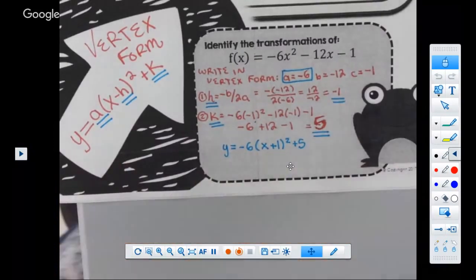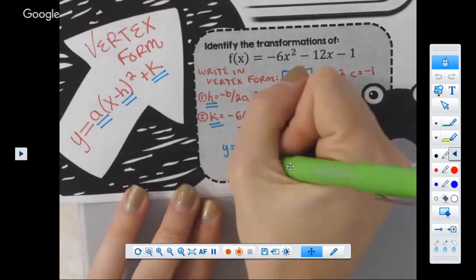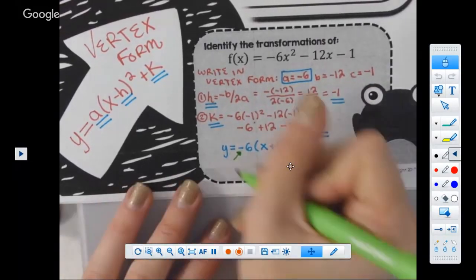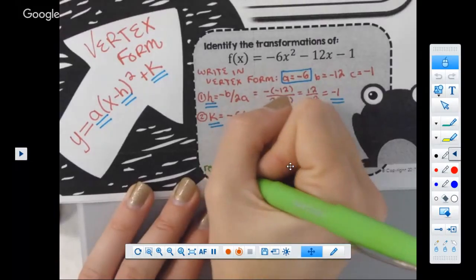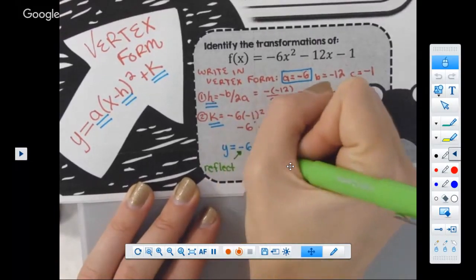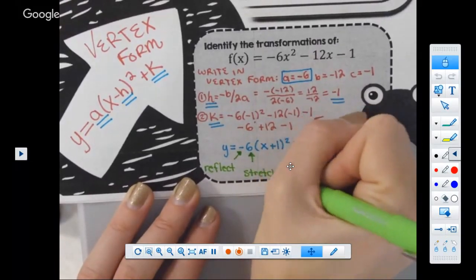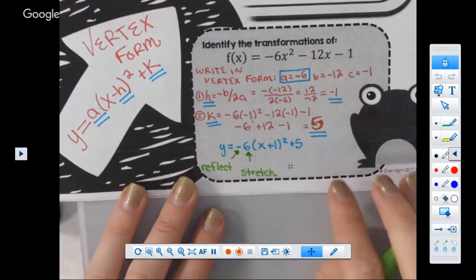Now here's vertex form. Pay attention to what the question is asking. Identify the transformations. So once we get vertex form, it's just a matter of drawing our arrows. Y'all see we have a negative. What does the negative do? What word do we add? All we've got to do is add the buzzwords. Flip. What does the 6 do? Stretch.